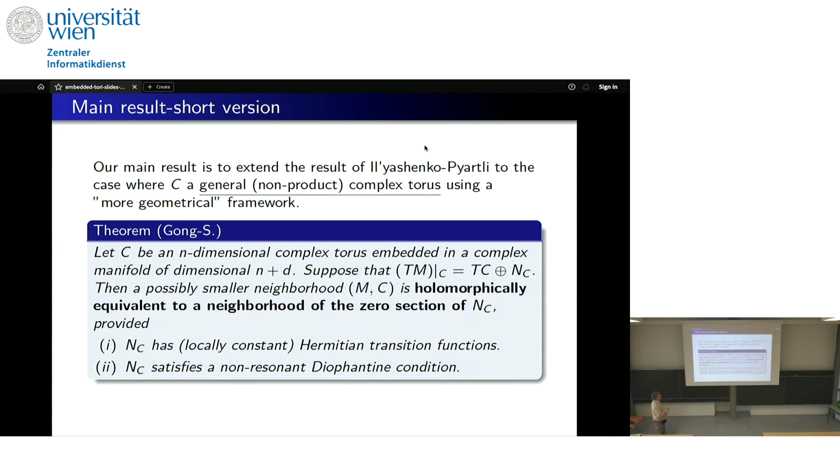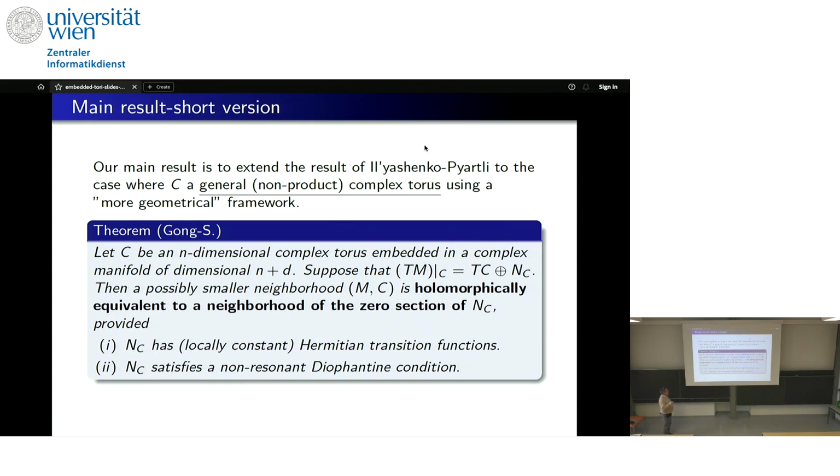In that setting, we are considering C as a general complex torus. It's not an elliptic curve, so it's more general, any dimension, and not a product of one-dimensional tori. C is embedded into an n plus d dimensional manifold.